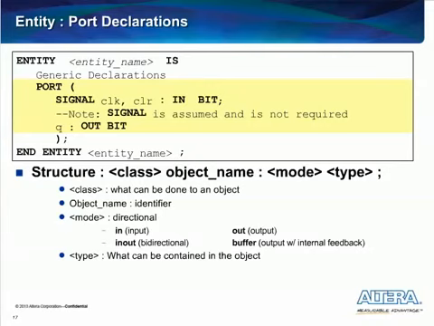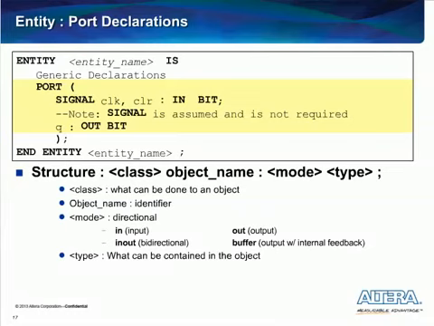The class is most always signal, though it doesn't have to be, so you almost never see the word signal actually appear in a port declaration. The object name is the name of the I/O port. In this example, the object names are clock, clear, and queue. Since clock and clear are of the same type, they are declared together, separated by a comma.